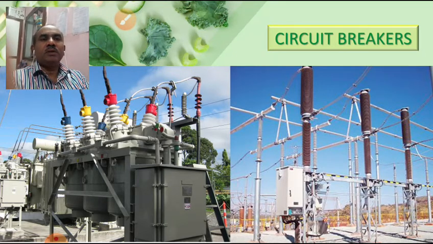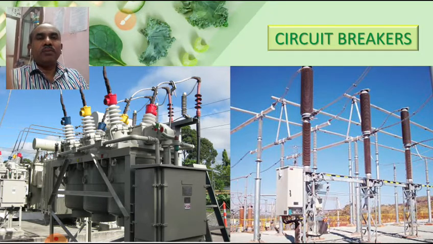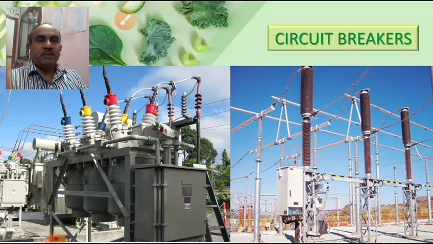Three decades ago the size was large, and now what is the size? By technology evolution, the compactness of the circuit breaker and the effectiveness of its working properties have increased.